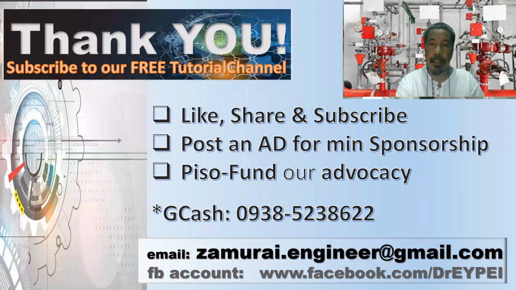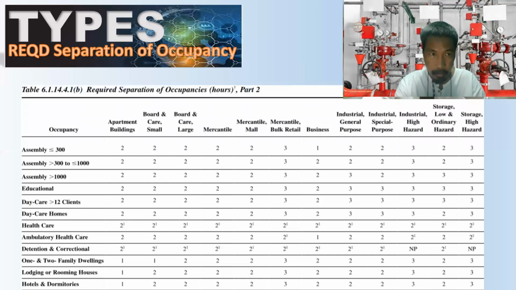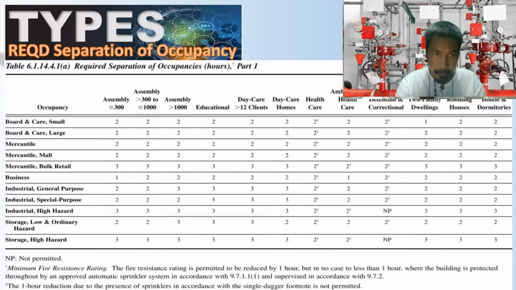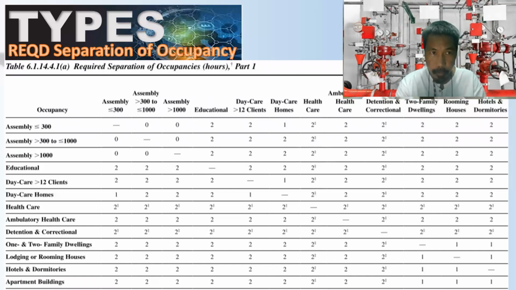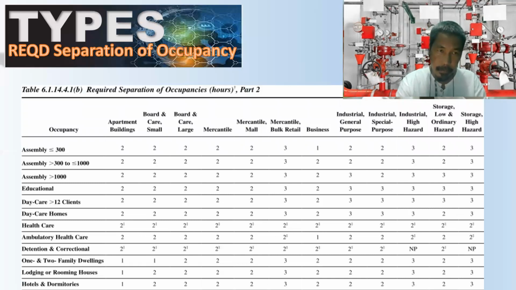So that information is very important to use those tables. Again, that is table 6.1.14.4.1a and table 6.1.14.4.1b.